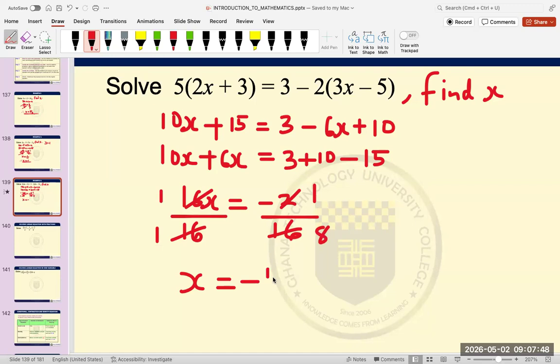So we have our answer to be x equals -1/8. Any question about this? x equals -1/8. So sometimes your answers will be negative, other times they will be positive. Whether they are negative or positive, they are all correct.